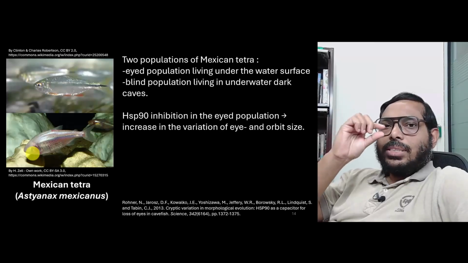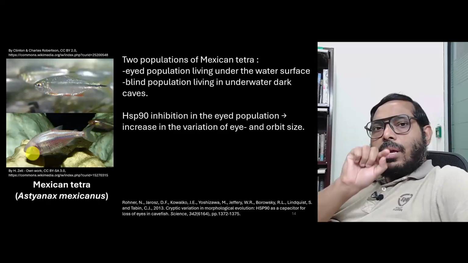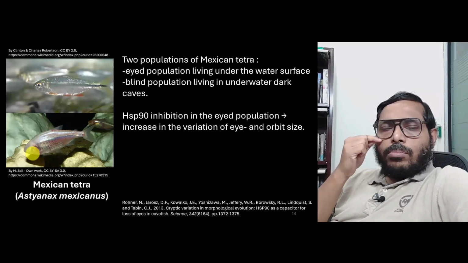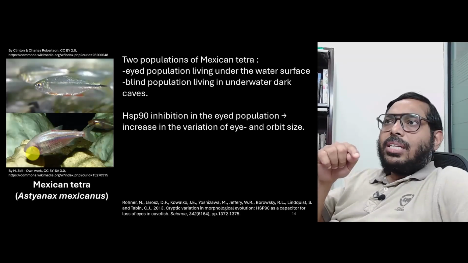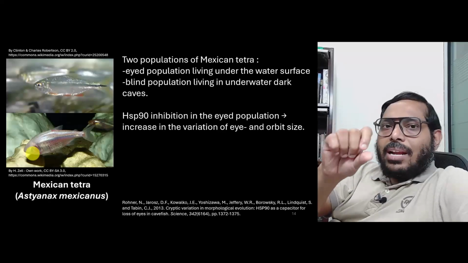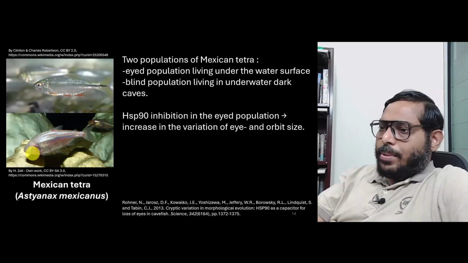Earlier suppose it is tight like this, then the variation goes up like this. Now, if you take those individuals which had lower eye size and orbit size and breed them with each other, then in the next generation there is a very sharp drop in the mean size of the orbit and the eye, telling you that this trait is genetically inheritable.